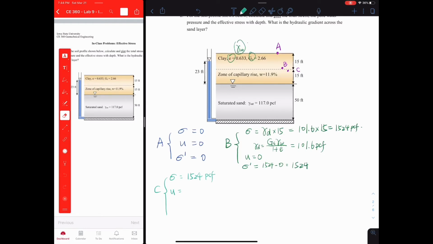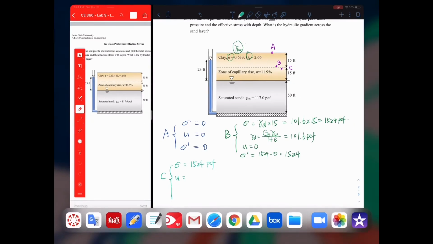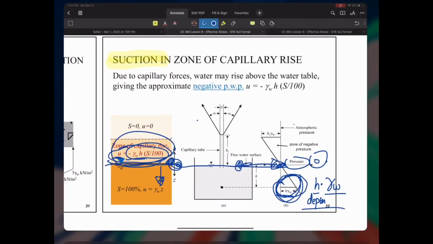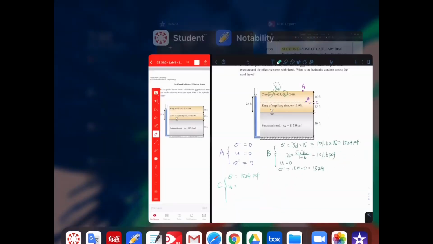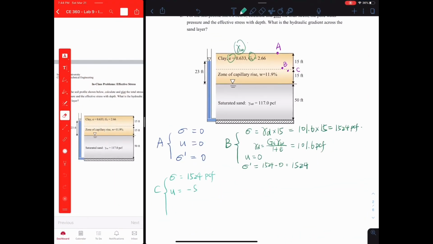Since it is in the zone of capillary rise, we need to use the equation that we've shown in this slide, gamma W h, and the S we don't know, so we need to calculate it based on this equation.